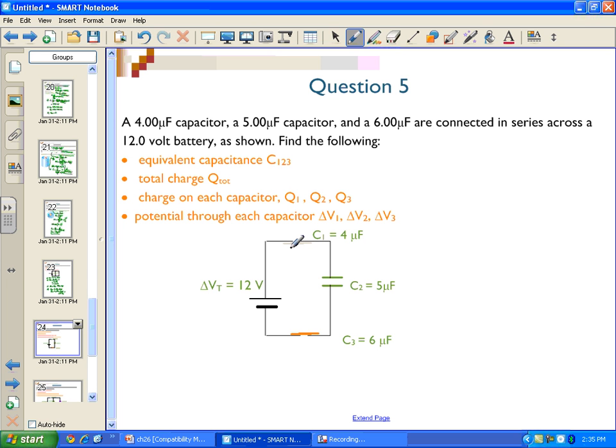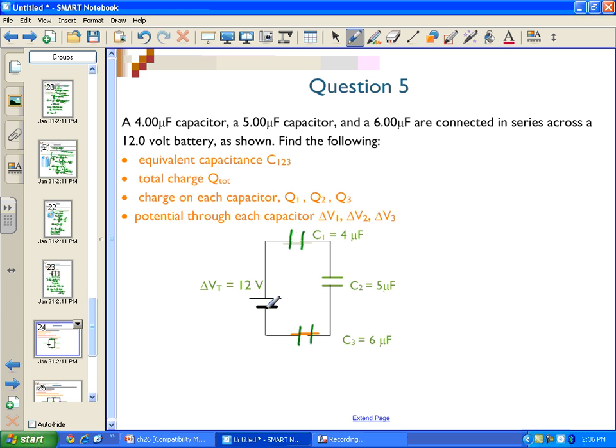Next question. This time we are going to set up the capacitors in a series fashion. So we have C1, C2, C3. Notice here, well, we have a little degradation here on our picture, but notice that the positive terminal of the battery only connects to the left plate of C1.